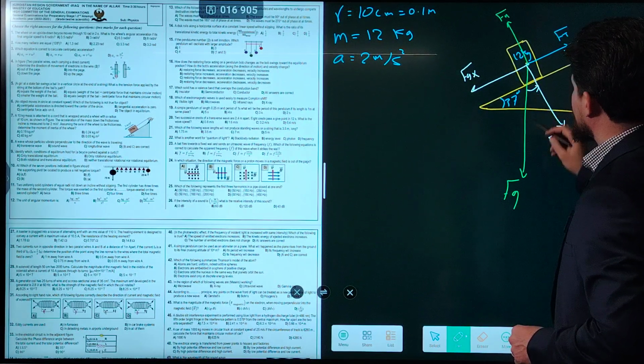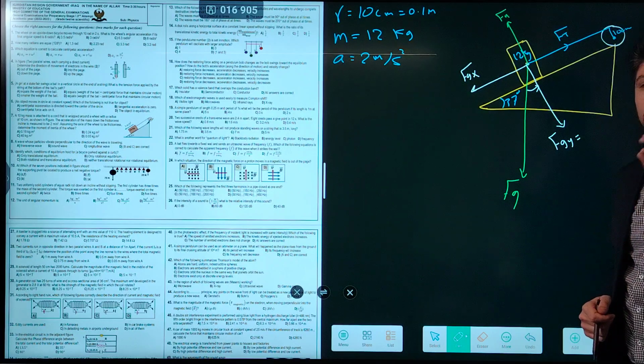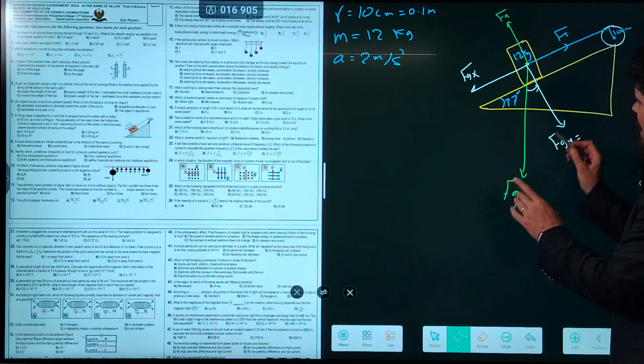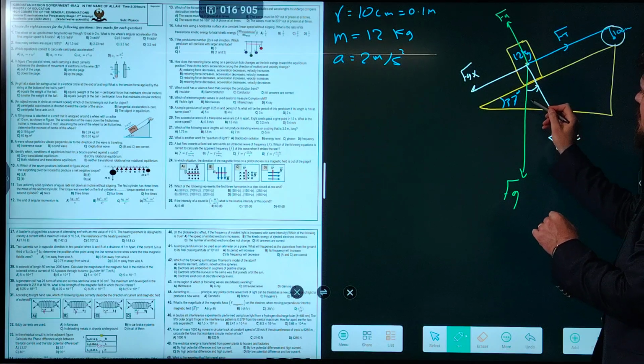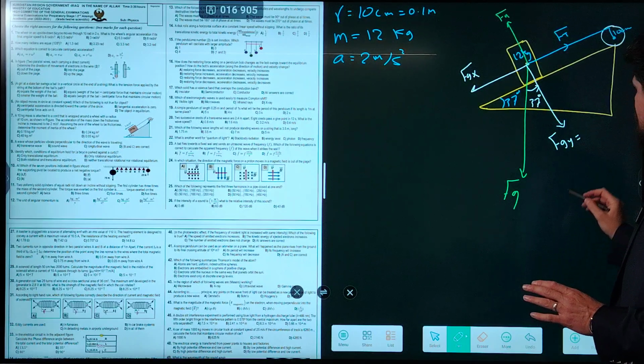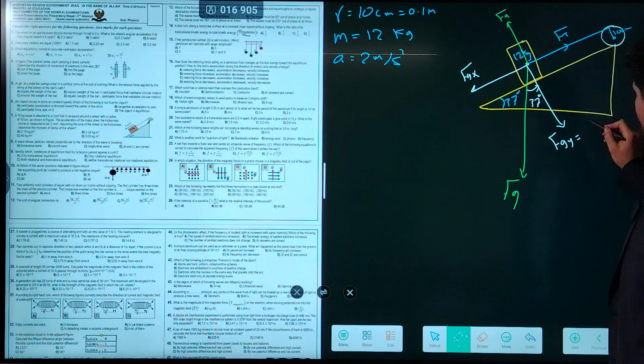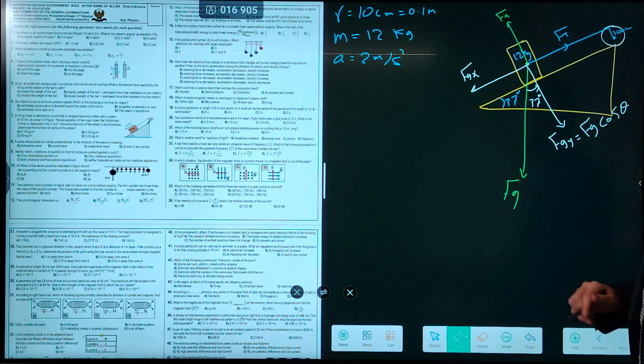The angle of the incline is always between fgy and fg. The angle here is 37, and also here is this 37. Because the angle is with the y component, we have to use cosine. According to the Pythagorean theorem, fg cosine theta gives the y component.